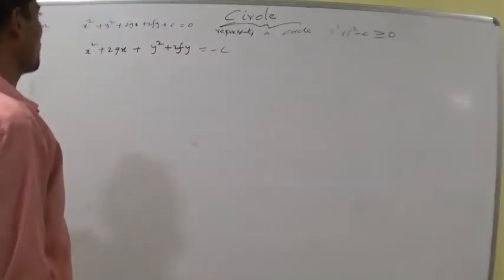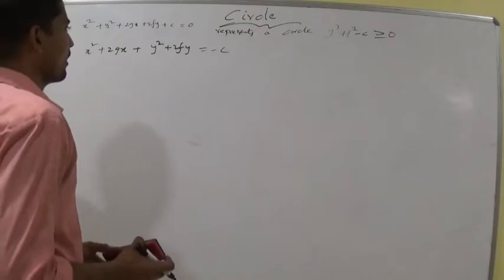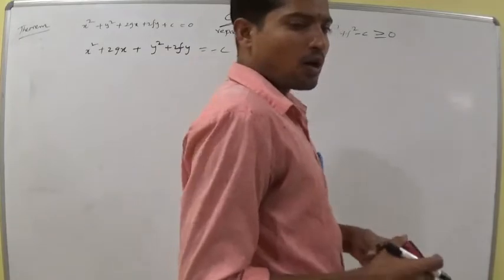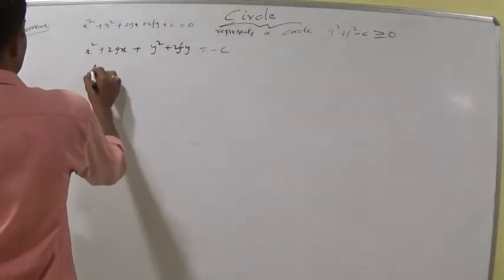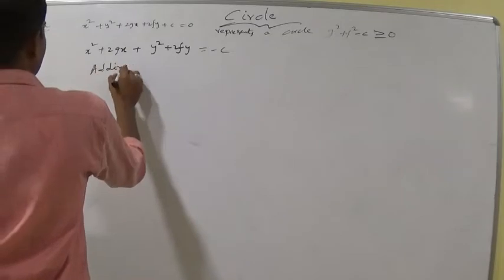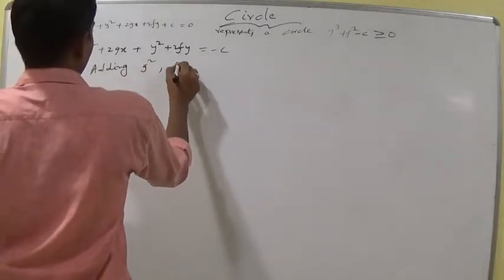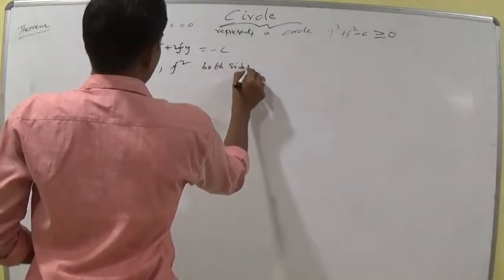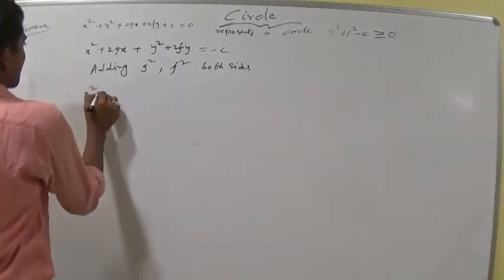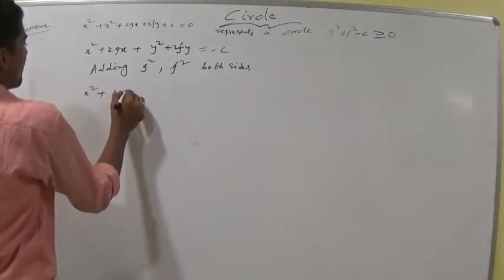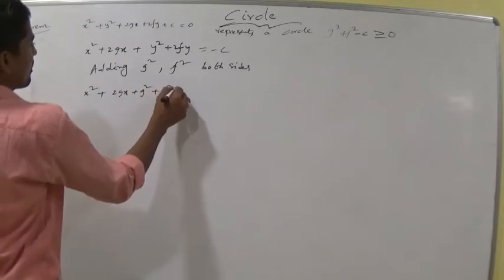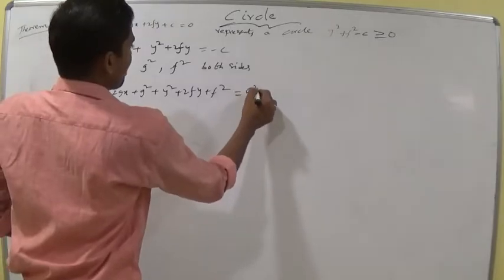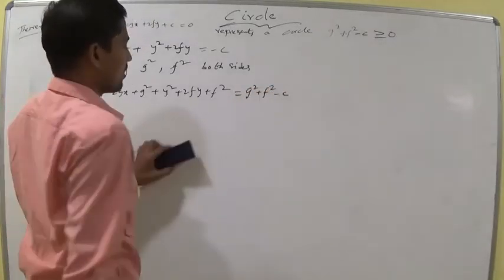Adding g square and f square on both sides, we get x square plus 2gx plus g square plus y square plus 2fy plus f square is equal to g square plus f square minus c.